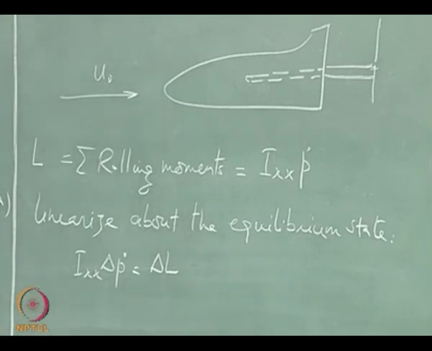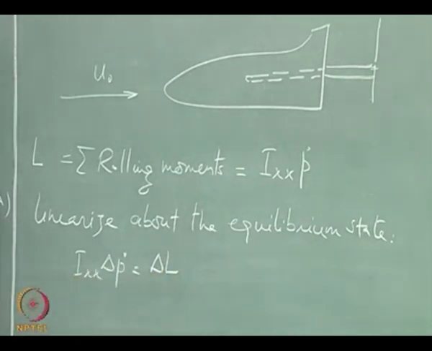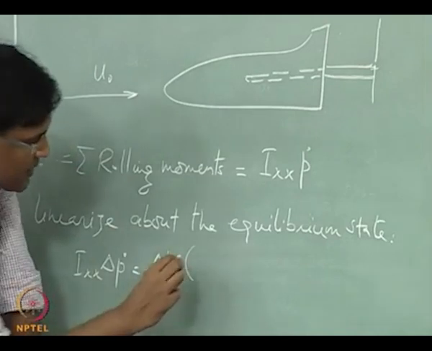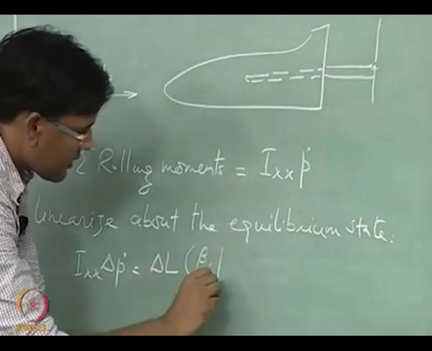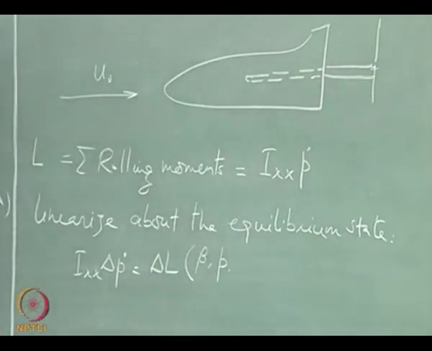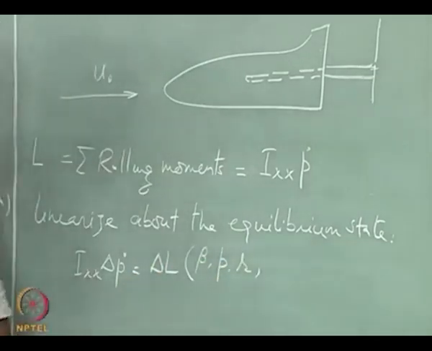This L is going to be a function of various parameters, and those parameters are angle of side slip, the roll rate, what else, the yaw rate, and the control inputs.